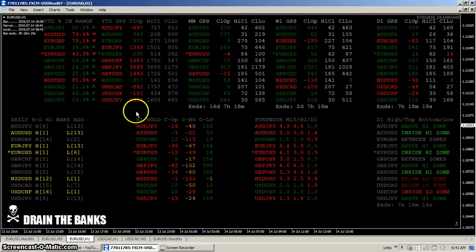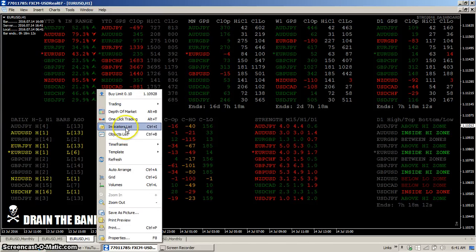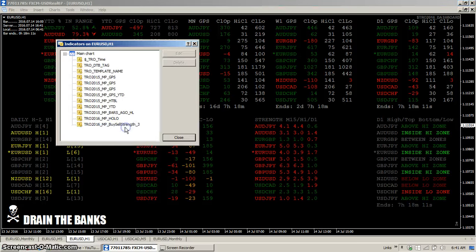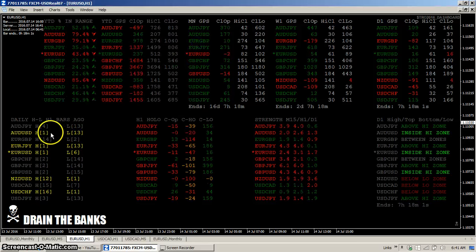One of the things that I do is use this indicator, which I don't remember the name of off the top of my head, so let's take a quick look here. Oh, this was the 2015 MP bars ago high low. In yellow, it means it's either had a high or a low one H1 bar ago.